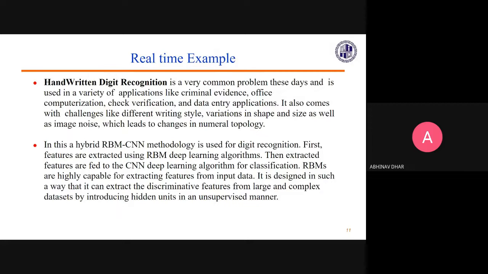The role of the RBM is to only extract the features and pass them on to the convolutional neural network. The convolutional neural network then acts as a classification-based deep learning algorithm, which classifies the images into their respective numbers.